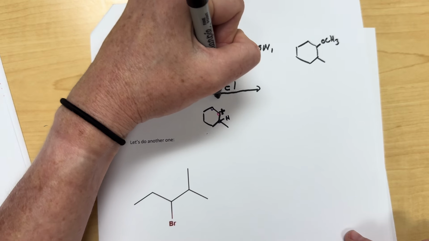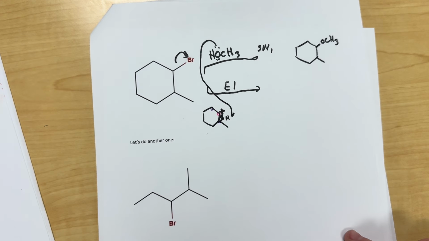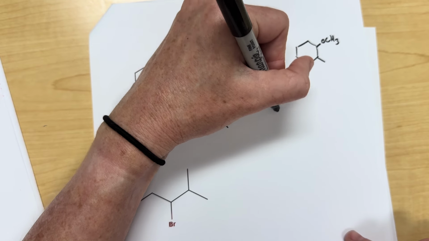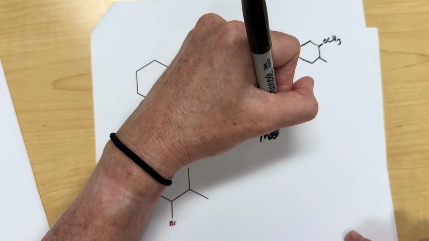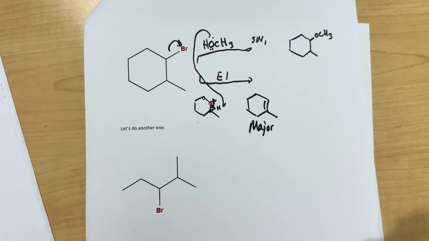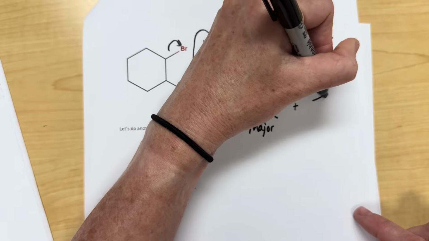So those electrons come down, and those electrons go there and satisfy that positive charge. And we have this as our major product. Just like with E2, it could have also taken from these hydrogens, but those are less substituted, so we'll have a minor product.